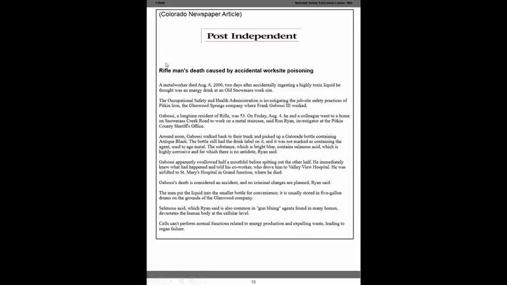Here's the article. It says rifleman's death caused worksite poisoning. It says metal worker died August 6th, 2 days after accidentally ingesting a highly toxic liquid. It says, noon he walked back to the truck, picked up a Gatorade bottle that contained antique black.